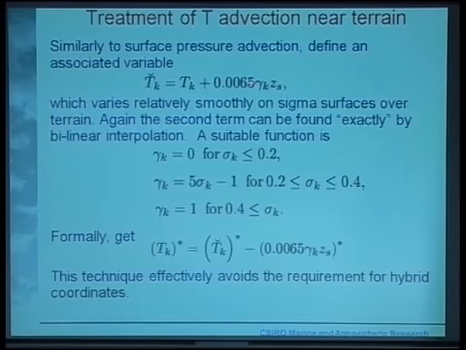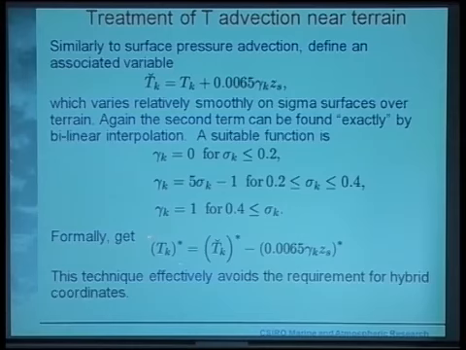So we have some reference temperature gradient, and this will cancel out most of the topography variation that is upsetting T. And this gamma, you can come up with a little expression for how to define it in the vertical.